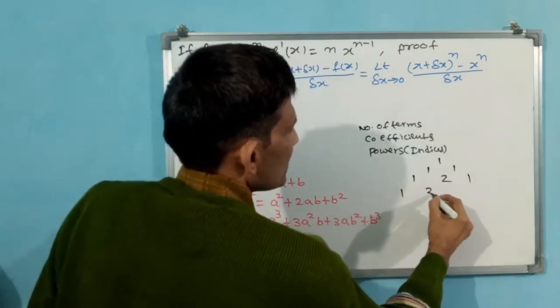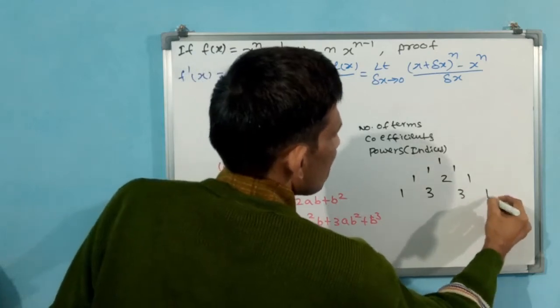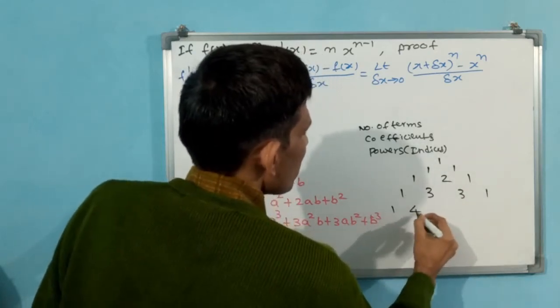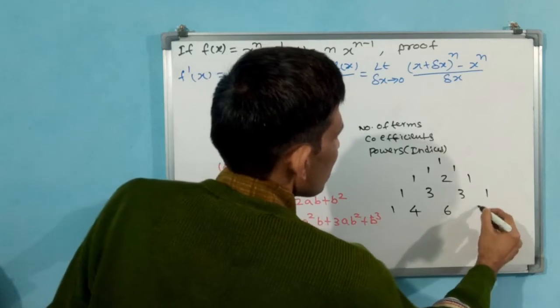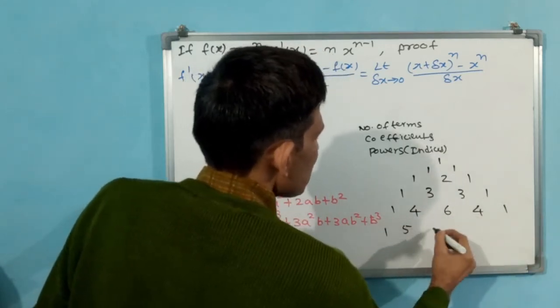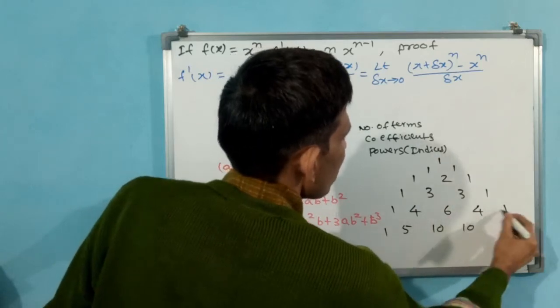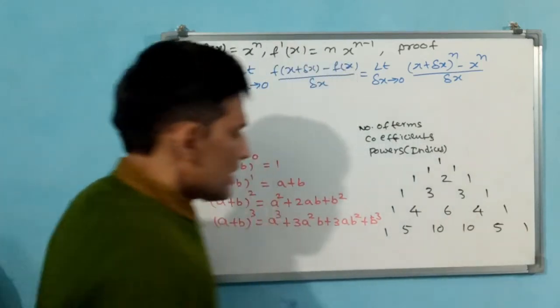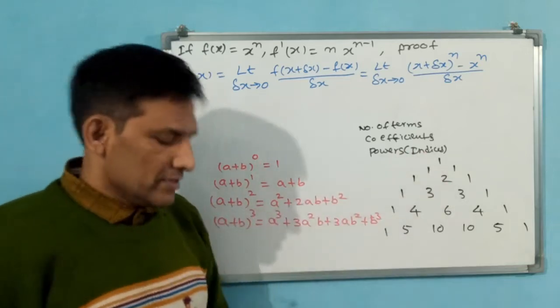Then 1, 1 plus 2, 3, 2 plus 1, 3, again 1. Then 1, 1 plus 3, 4, 3 plus 3, 6, 3 plus 1, 4, again 1. Then 1, 1 plus 4, 5, 4 plus 6, 10, 6 plus 4, 10, 4 plus 1, 5, again 1. Like this it goes on distributed.